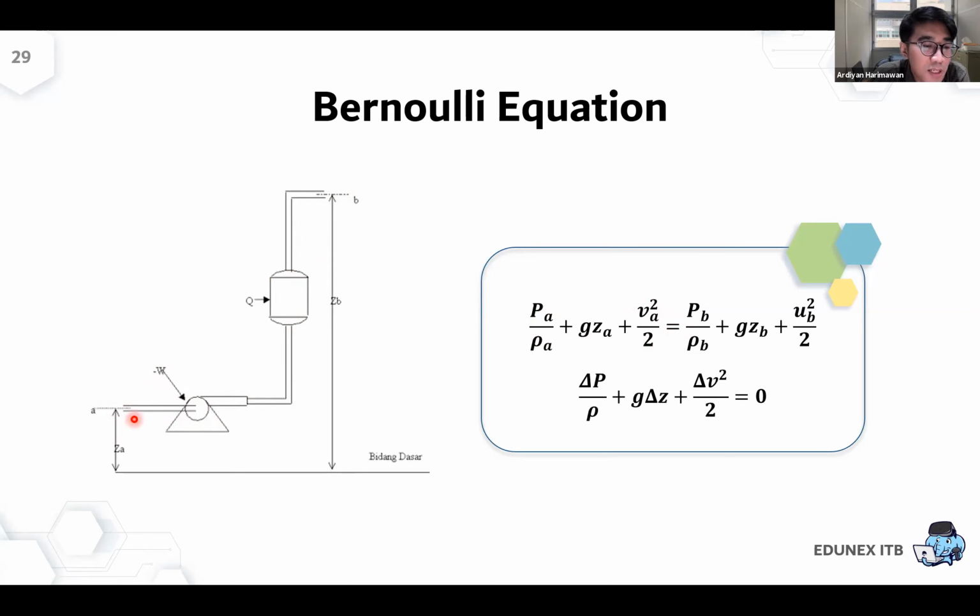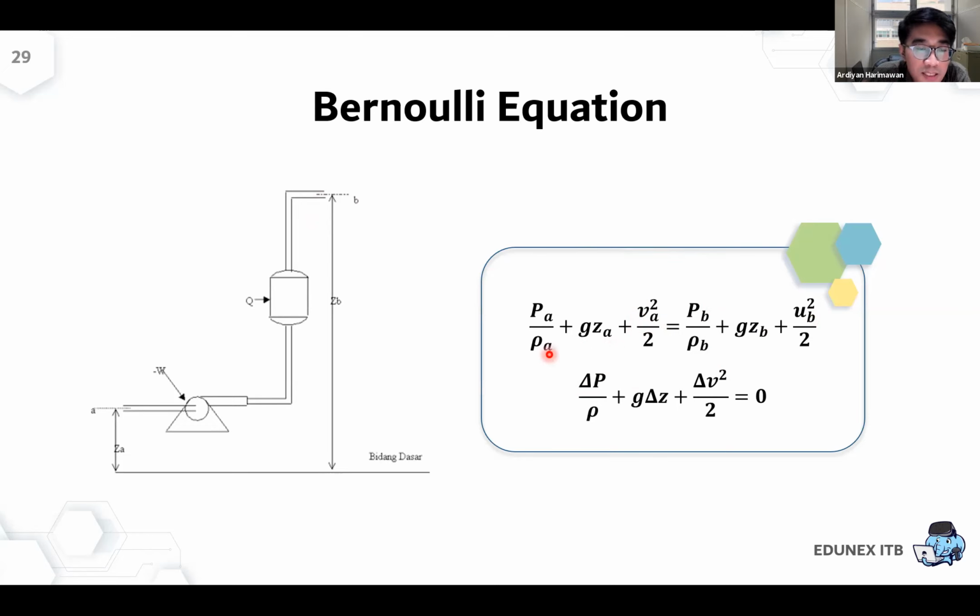You just need to pay attention at point A and point B. While comparing point A and point B, you are comparing the energy transformation.